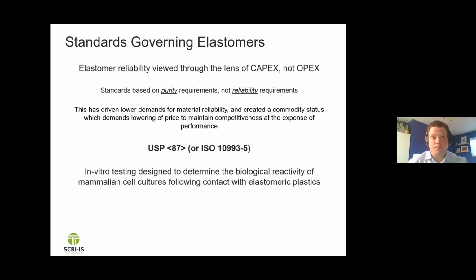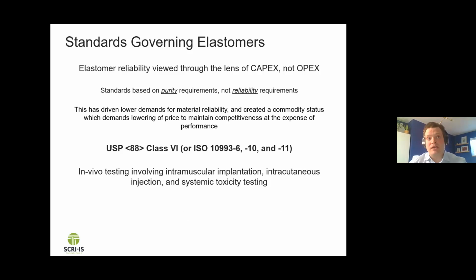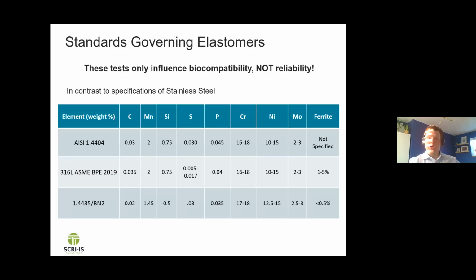USP 87, or the equivalent ISO, goes a step further, and that's in vitro testing, which determines the biological reactivity of mammalian cell cultures following contact with elastomers. USP 88 then is in vivo testing, which is animal testing essentially of intramuscular implantation, system toxicity, etc. Again, required in relation to biocompatibility, etc., but none of that defines mechanical performance or reliability.